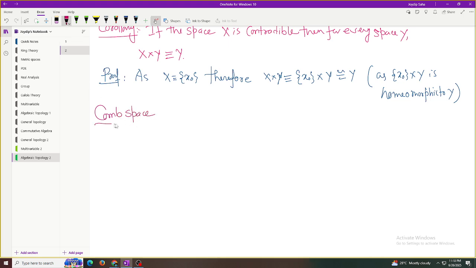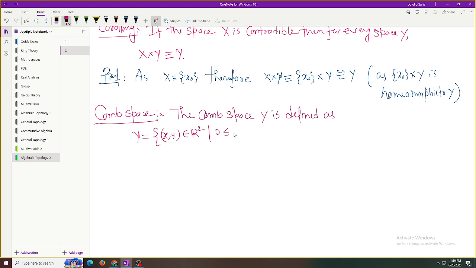Comb space. The comb space Y is defined as Y equals {(x,y) belongs to R square: 0 less or equals to y less or equals to 1, x equals to 0, 1 by n, or y equals 0, 0 less or equals x less or equals 1} with subspace topology.